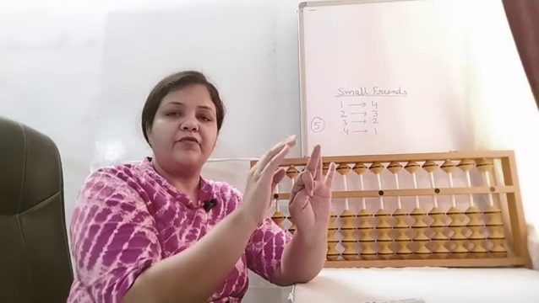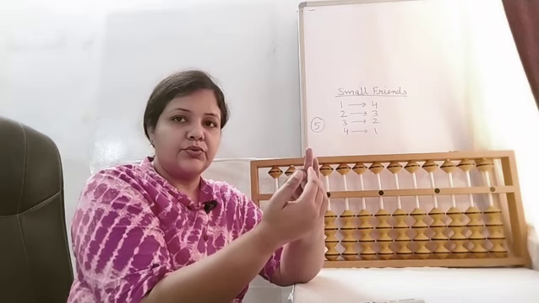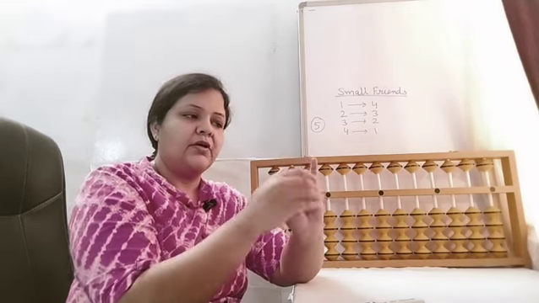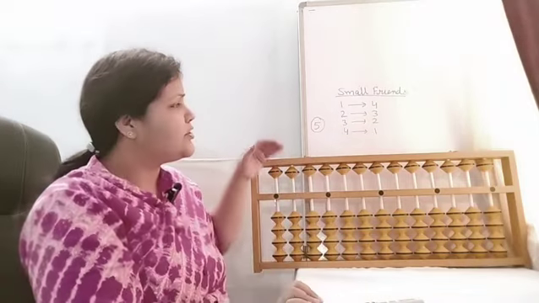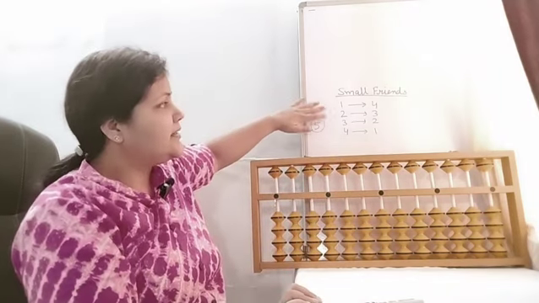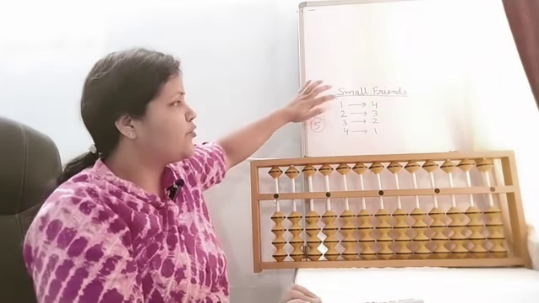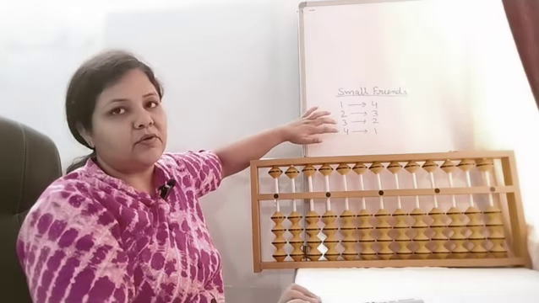Small friend of 3, I'll fold 3 fingers and left is 2. So small friend of 3 is 2. Small friend of 4 is 1. That's how we remember, but slowly, once we solve the problems, we'll remember the small friends. So small friend of 1 is 4, 2 is 3, 3 is 2, and 4 is 1.